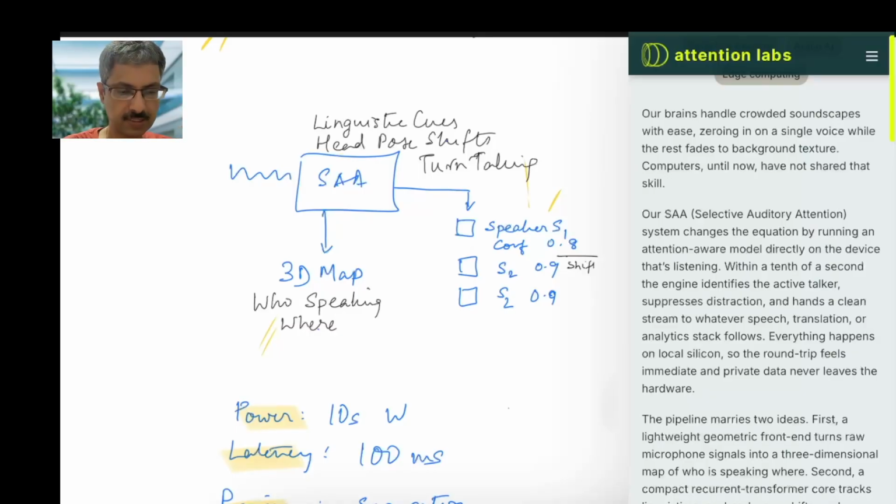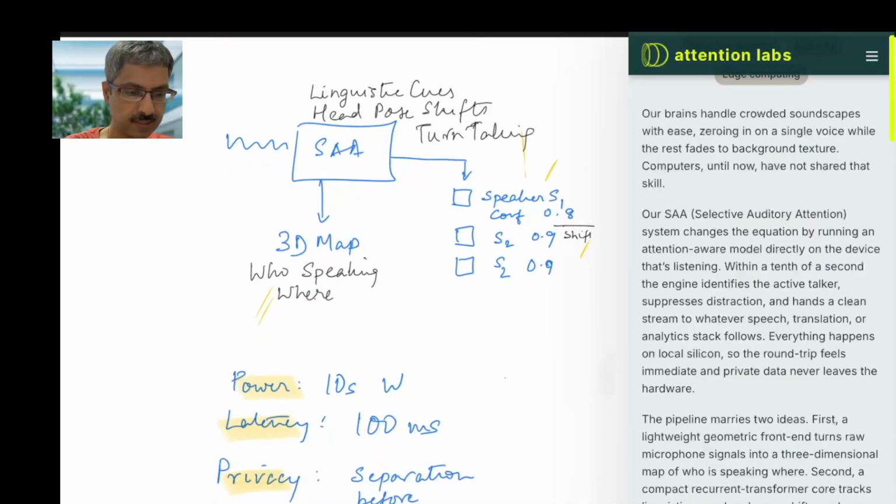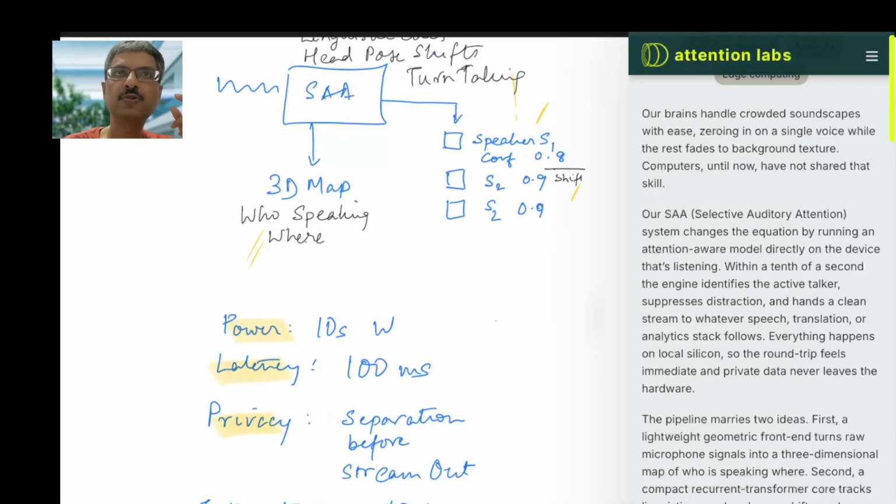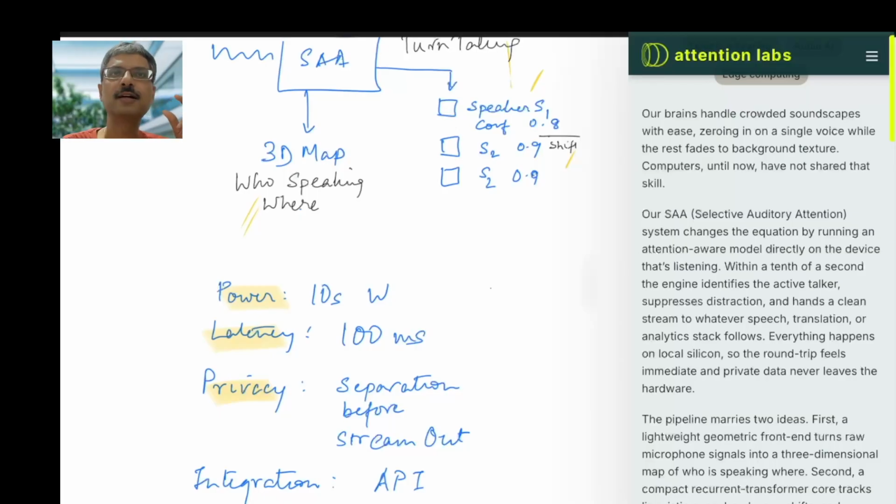At some point there's a shift event, and now the speaker S2 becomes the active one, and what the agent hears is only S2. This is really remarkable. It allows the agent to focus on what is actually meant for it without any wake word or prompting word. It can automatically move its attention to where the relevant speech is.